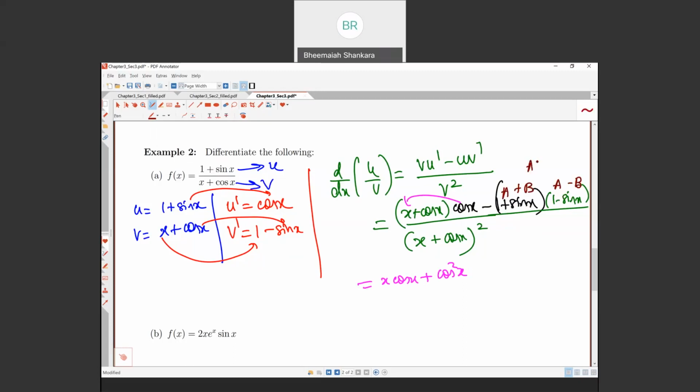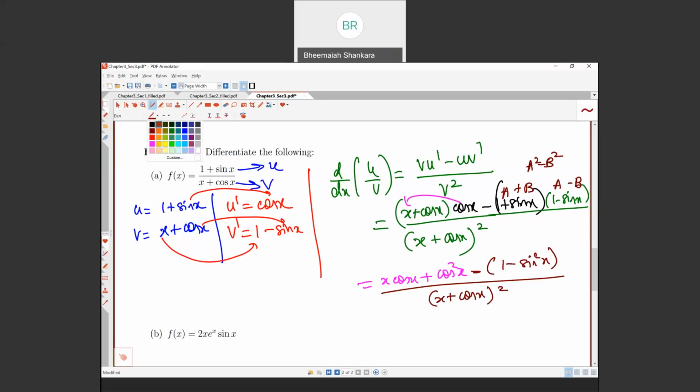So this is the difference of squares, when you multiply out you get a squared minus b squared. So I'm going to write this as 1 minus sine squared x divided by x plus cosine x, and then you have a square. But we know that sine squared plus cosine squared is 1. So 1 minus sine squared will be cosine squared.